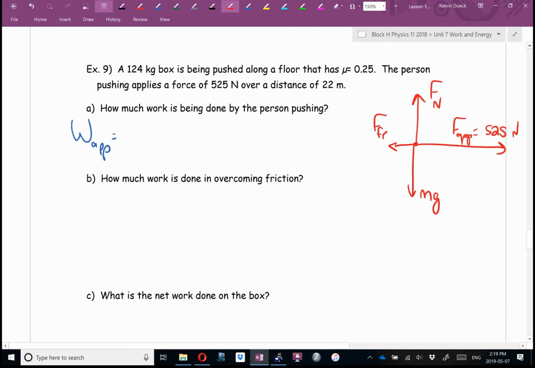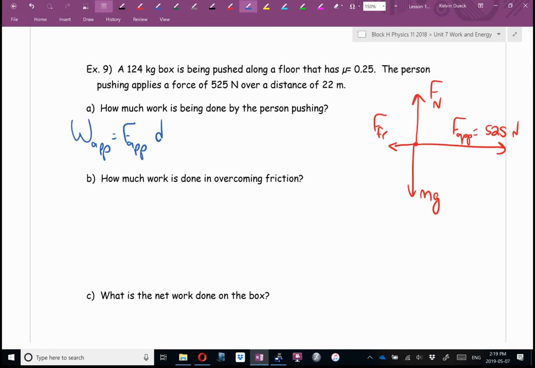Okay. So, work equals what times what? Our new equation for today. I think the work done by the applied force is going to be the applied force times distance. Let me do a quick check. We're pushing that way. Which way is the box moving? Also that way. Are the force and the distance in the same direction?